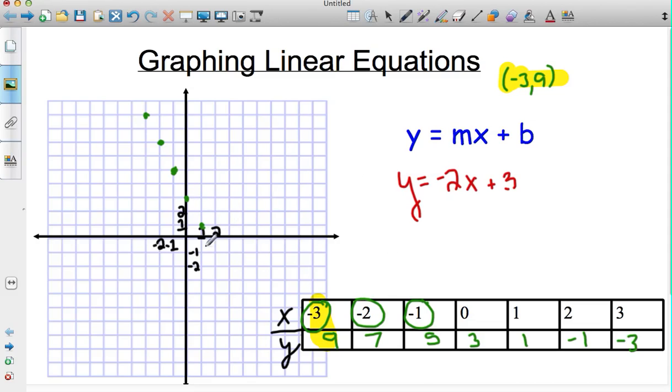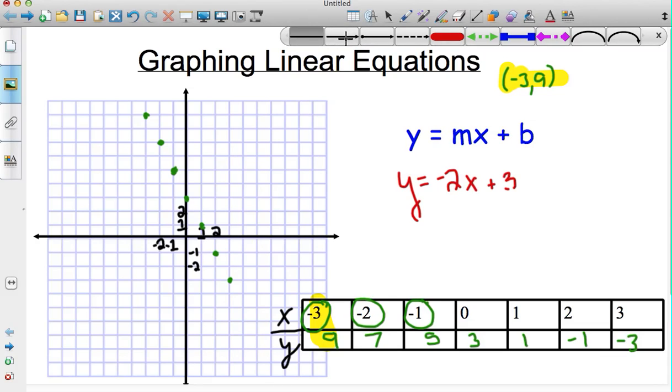And hopefully you'll see the pattern, because what we know about linear equations is that they should make what shape? Anyone? A line.